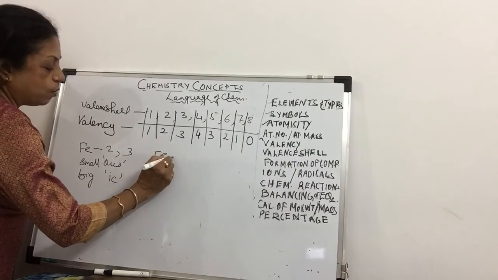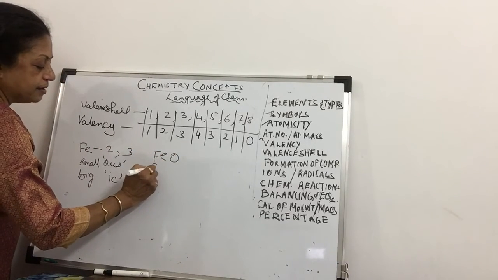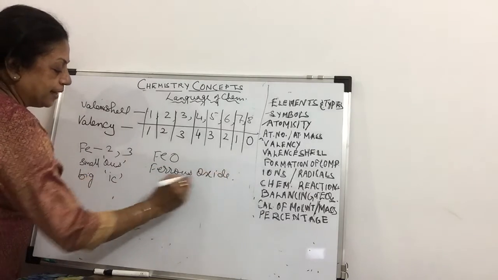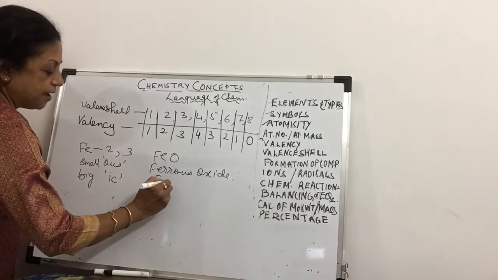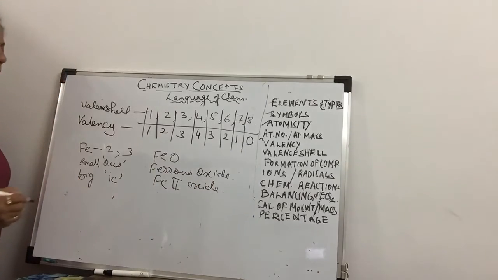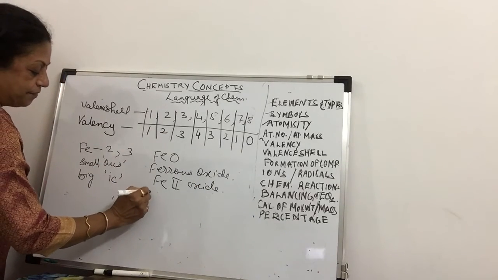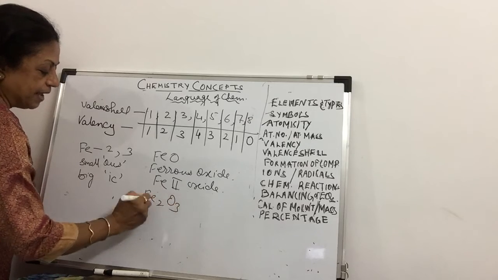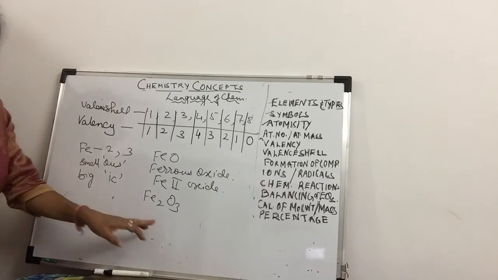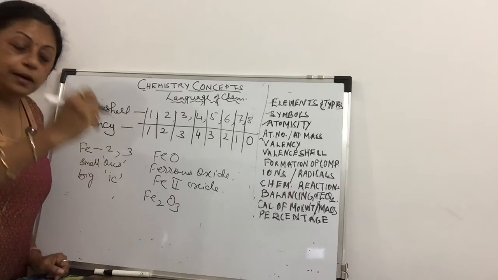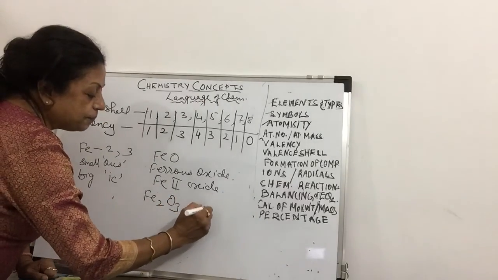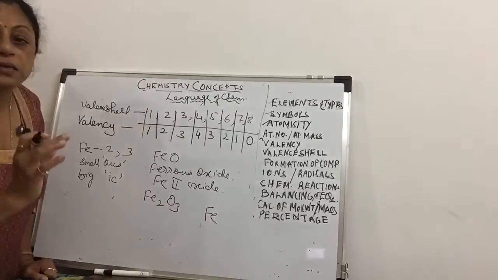If I write FeO, then you will say ferrous oxide. But nowadays they write it like this: ferrous, Fe(II), then oxide. And suppose I write Fe2O3, this is ferric oxide. How has this formed? Some students may already know how chemical formulas are formed.